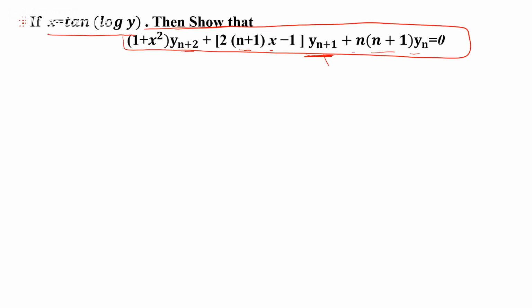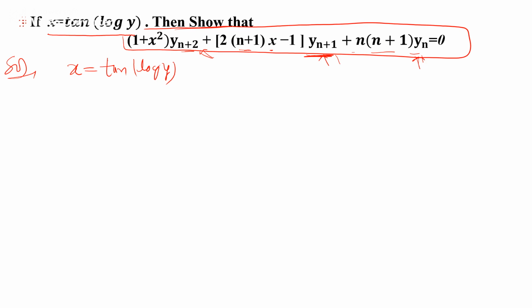Here you have to note that y suffix n means the nth derivative of y, y suffix n plus 1 means the (n plus 1) time derivative of y, and similarly y suffix n plus 2 means the (n plus 2) time derivative of y.